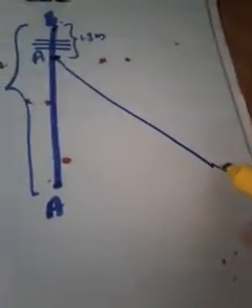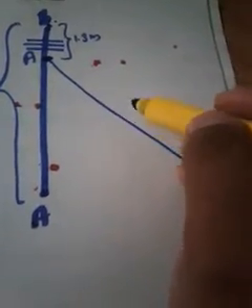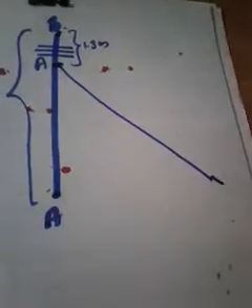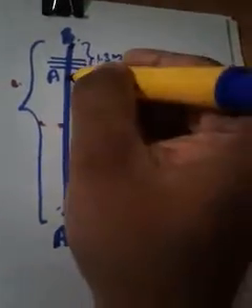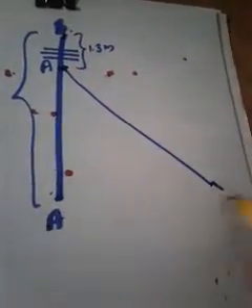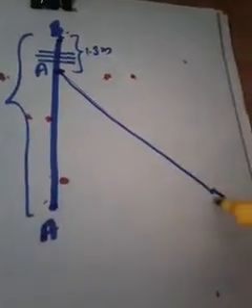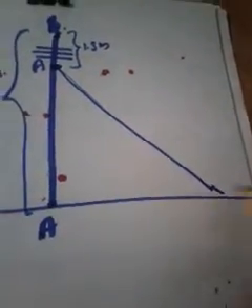And that angle of inclination is given. It says the angle between the ladder and the horizontal, which is the ground, is 60 degrees.